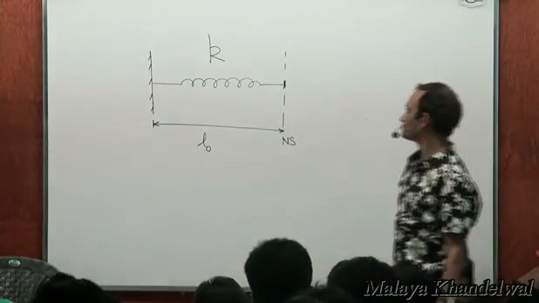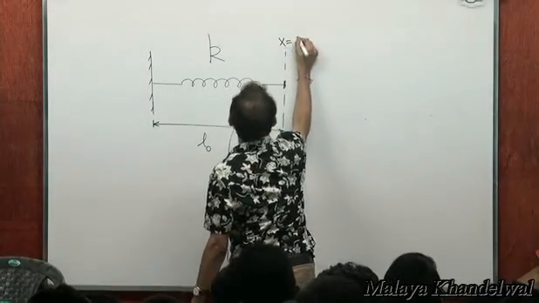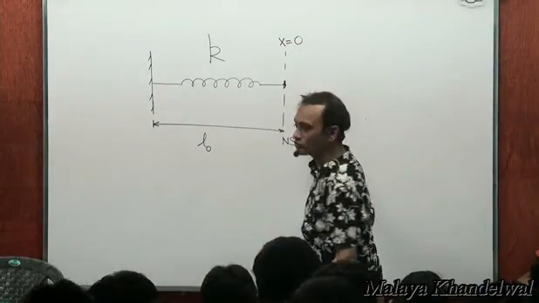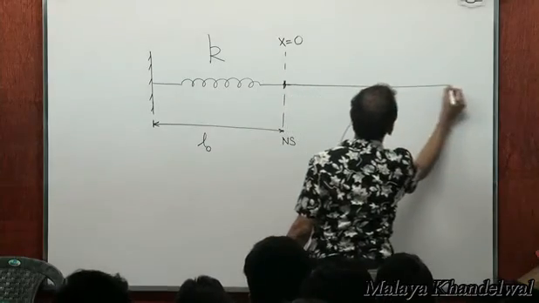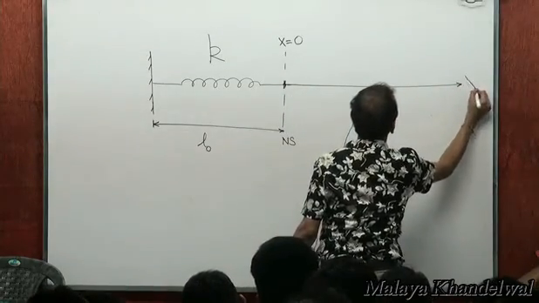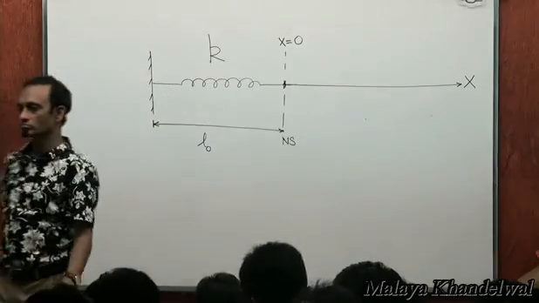Clear? Let me measure this point as x equal to 0, and let's say this is the positive direction of the x-axis, right?